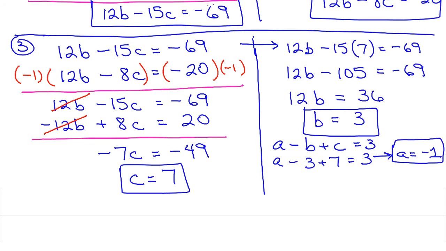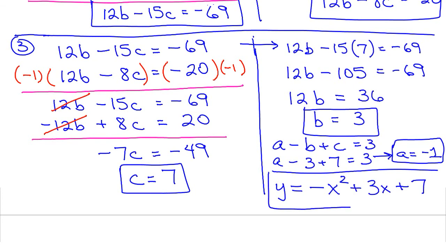And for this problem, it's not enough to know what the a, the b, and the c are. We are tasked with finding the equation of the quadratic function that passes through those points. So the answer is y equals ax squared plus bx plus c with the a, b, and c that we found. So y is going to equal -x squared plus 3x plus 7, where I have plugged in the a, the b, and the c.